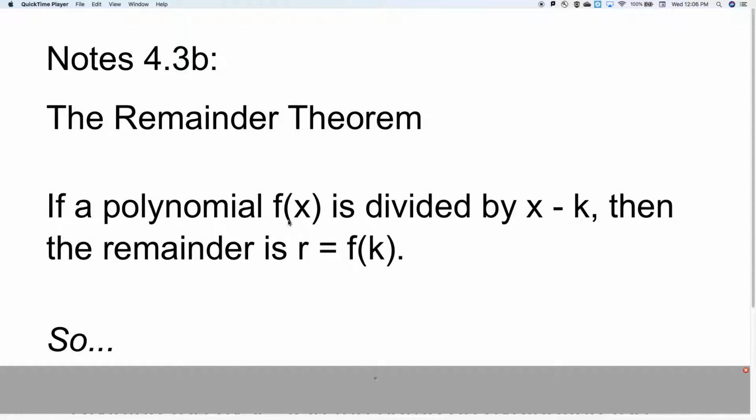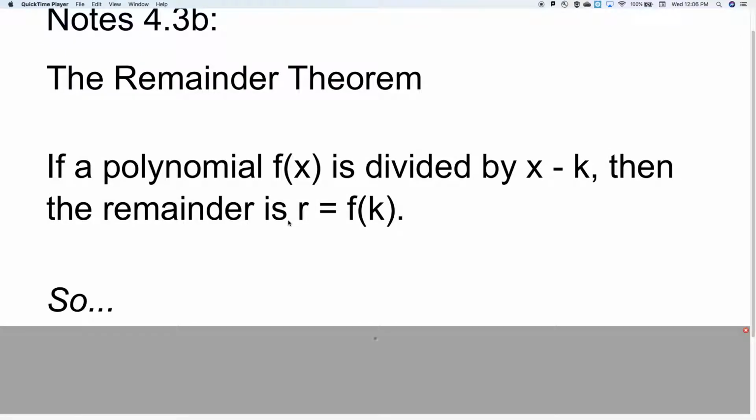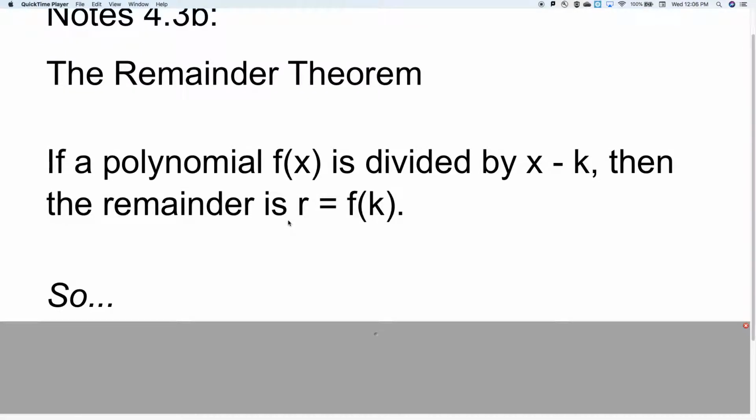So this is kind of a mathy definition that you've got here. It says, if a polynomial f of x, so just like some function, is divided by x minus k, so let's take note that the remainder theorem works when you're dividing by x minus k.